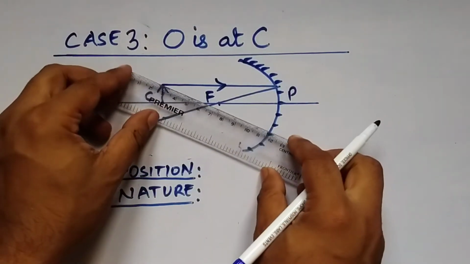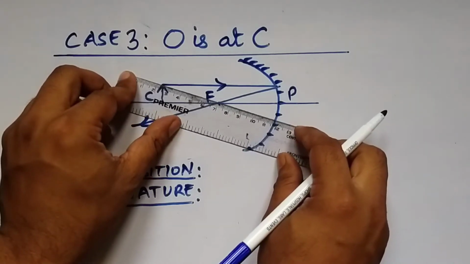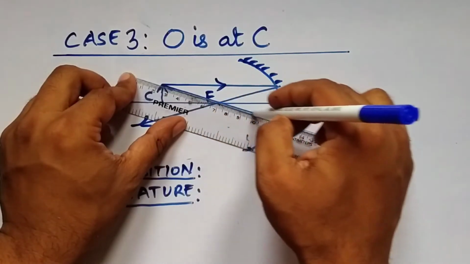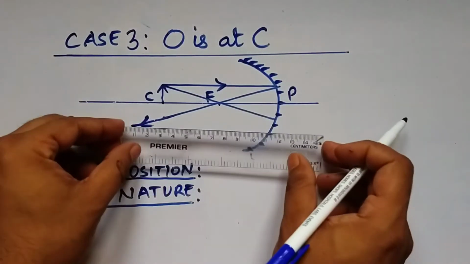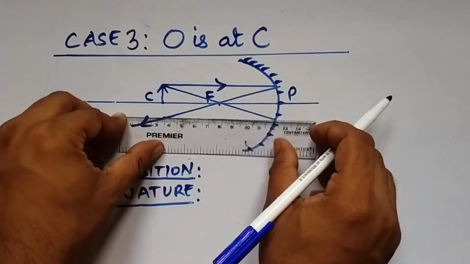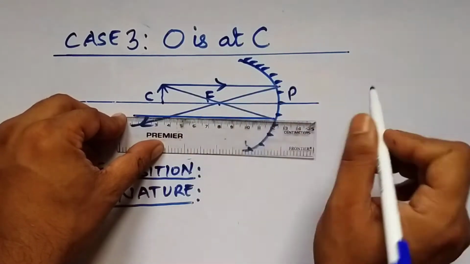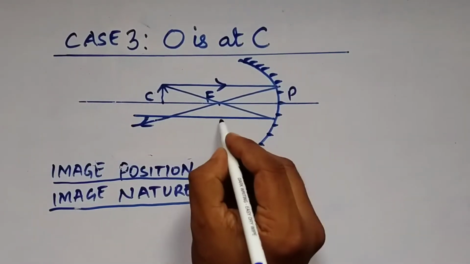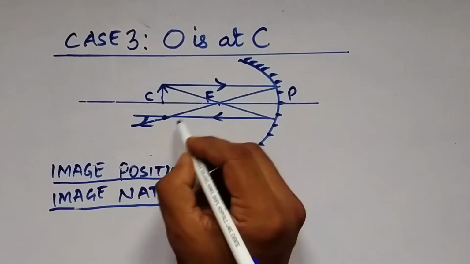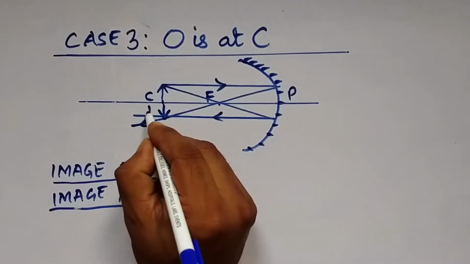And a ray that is passing through the focus, after reflection, will become parallel to the principal axis. And this is the point where the two rays are intersecting each other, and this will be the image formed.